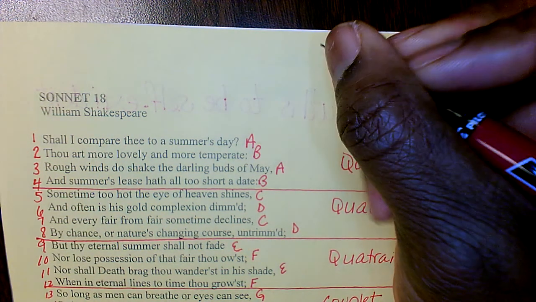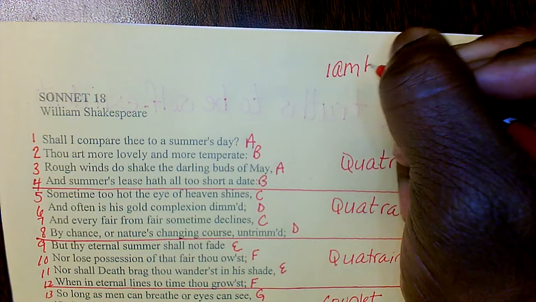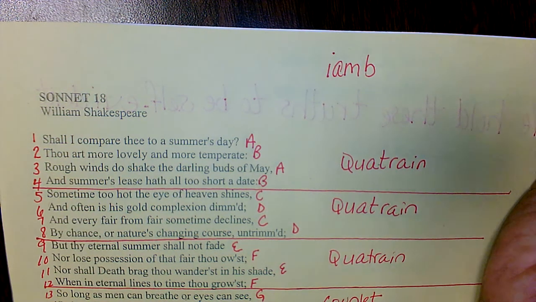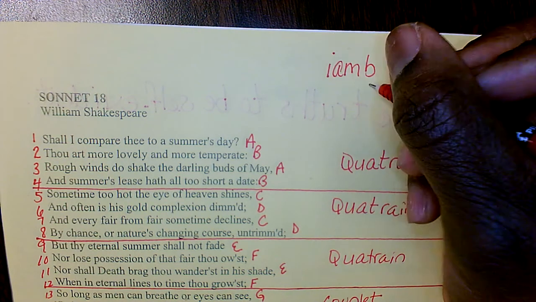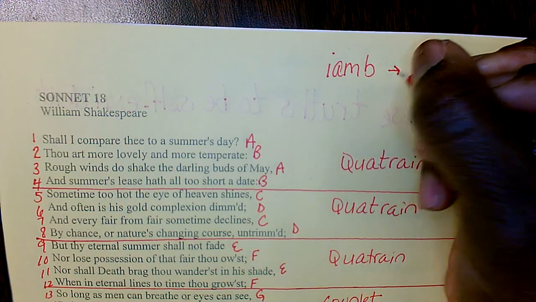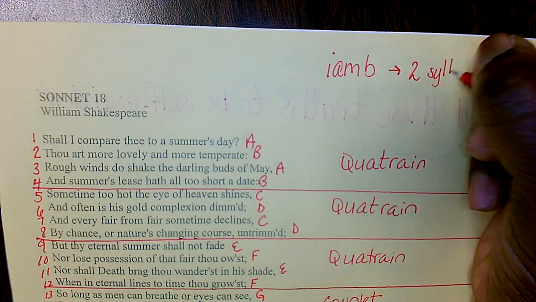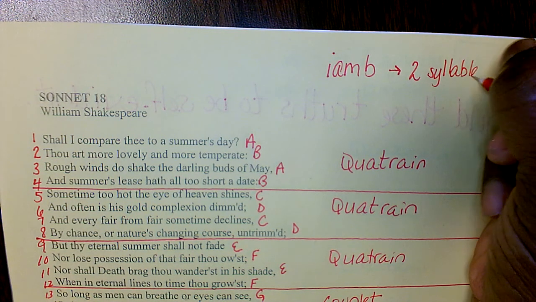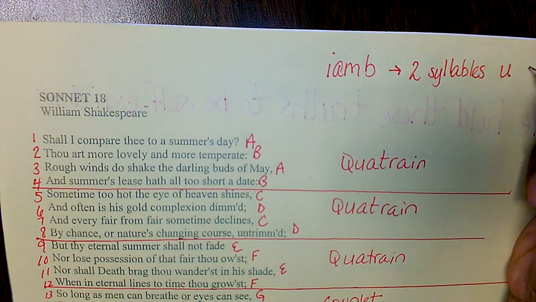All right, an iamb. It's 2 syllables, where the first is unstressed and the second is stressed.